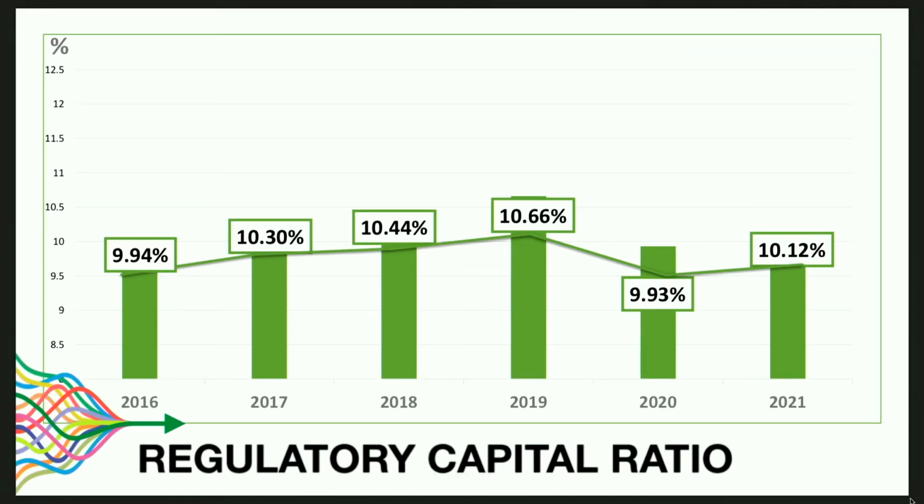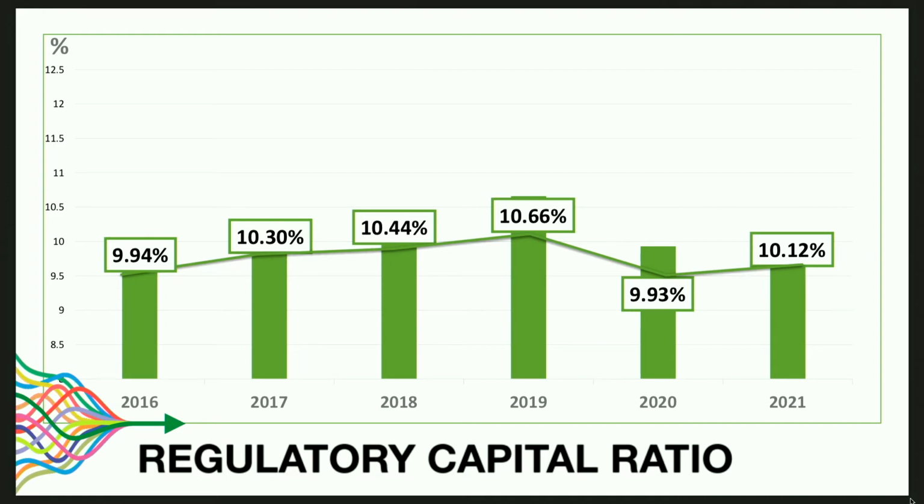Now, our capital is the fuel that allows us to responsibly take in deposits and make loans, and at the same time acts as a shock absorber that lets us safely weather any economic storms we might face in the future. Capital is basically measured as a percentage of total assets.